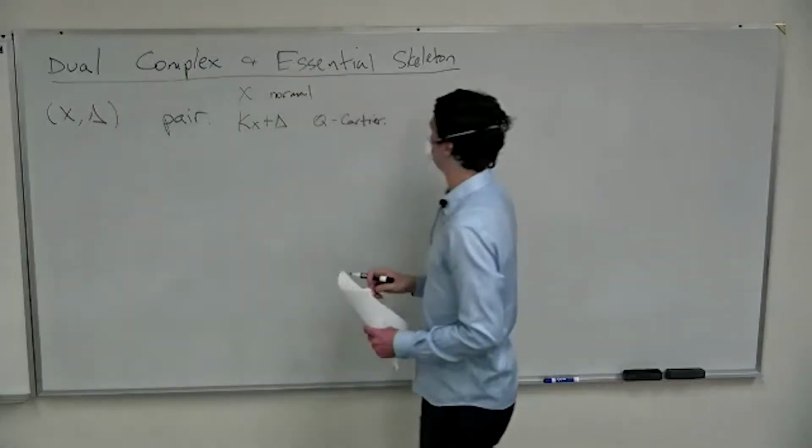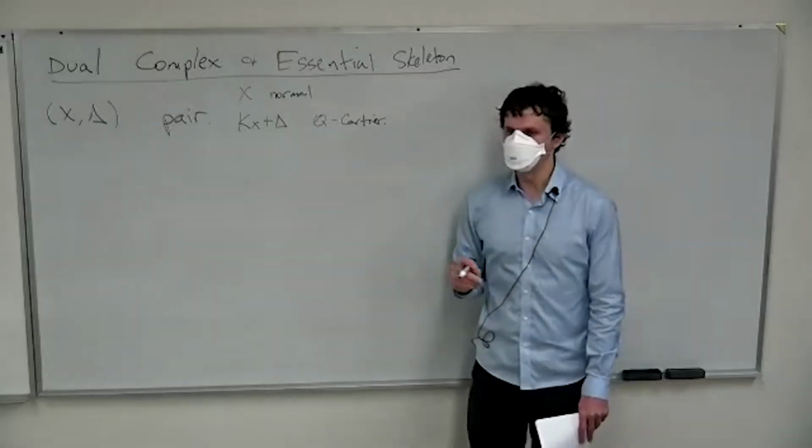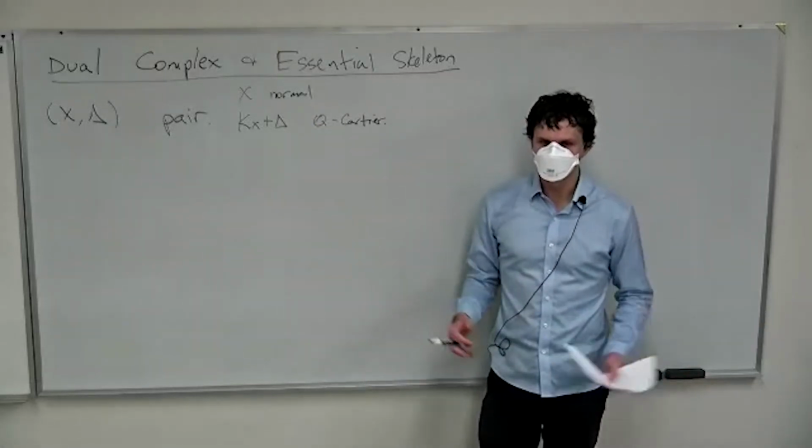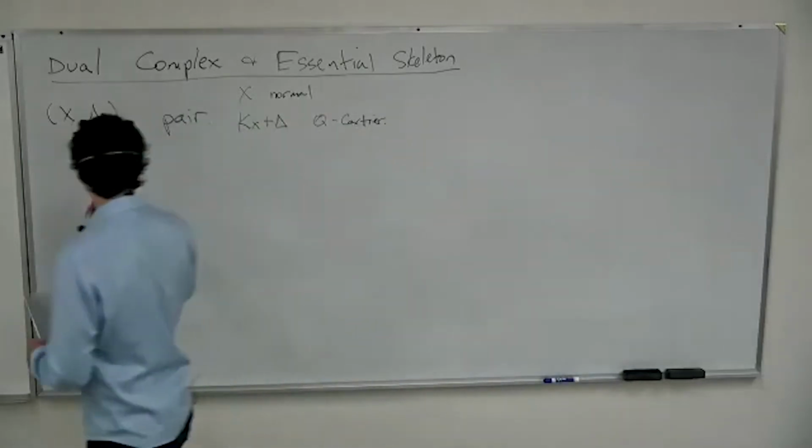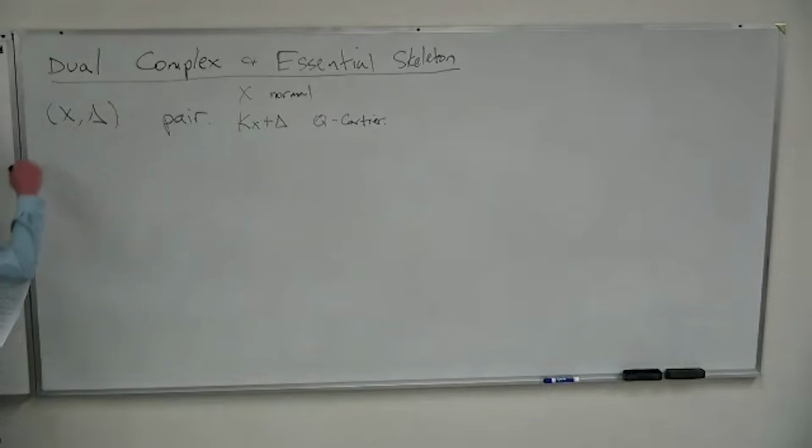This is the setup that we need to be able to meaningfully talk about discrepancies if we want to define singularities in the minimal model program. So I can then consider a log resolution of (X, Delta).